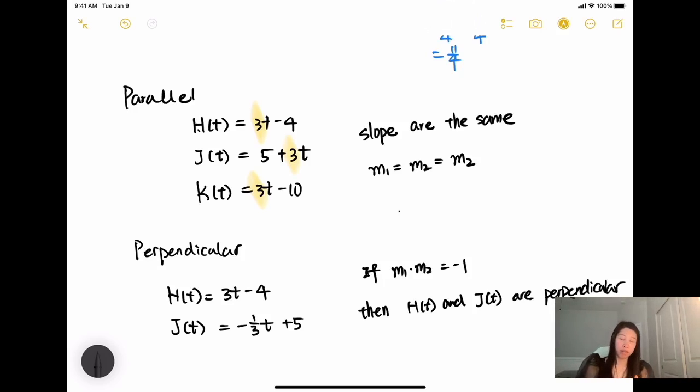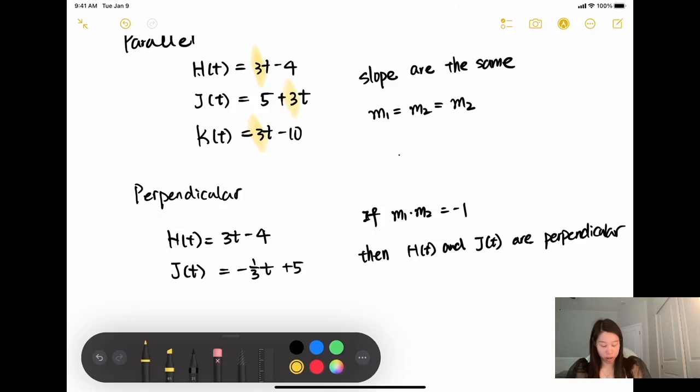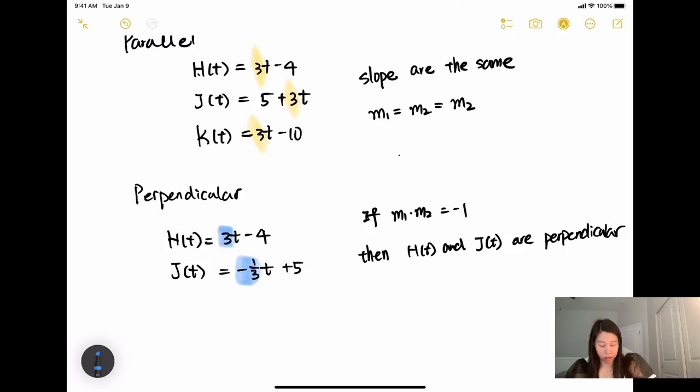Please try it by yourself on Desmos.com. So look, the slope here, let me use a different color, is 3, and this is negative 1/3. When they multiply together, 3 times negative 1/3 is equal to negative 1. So they're perpendicular to each other.